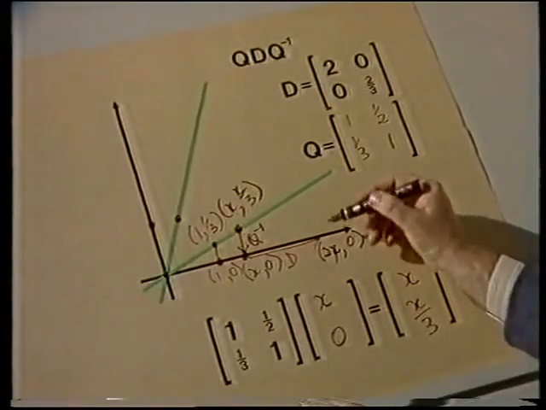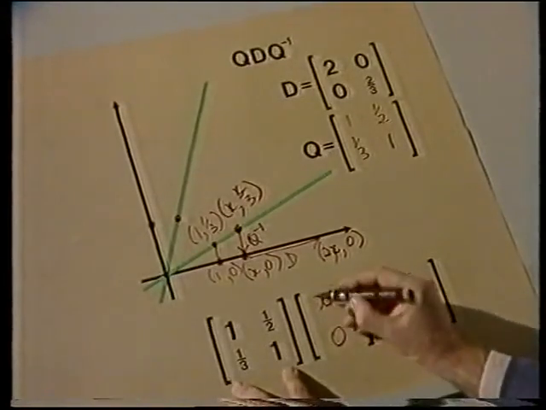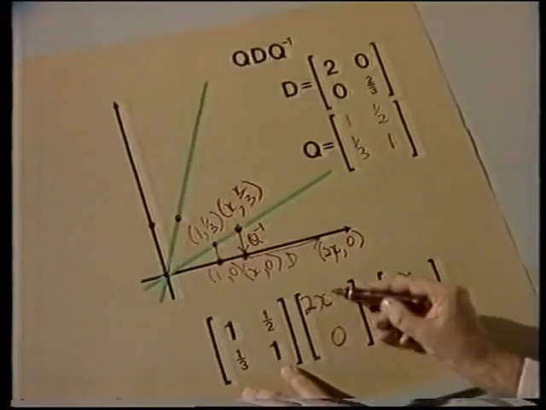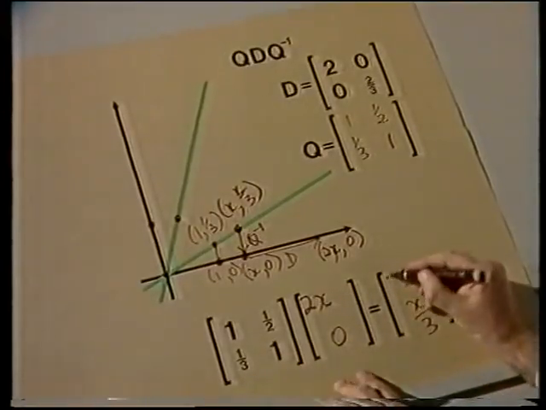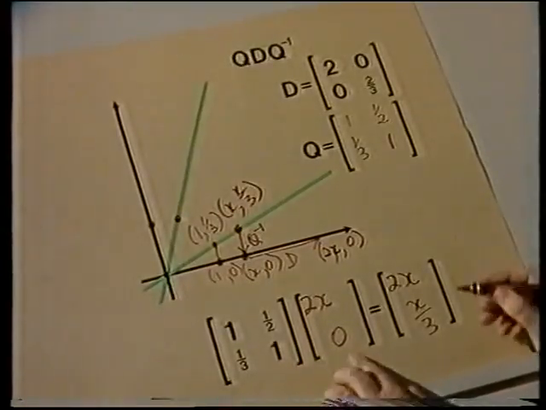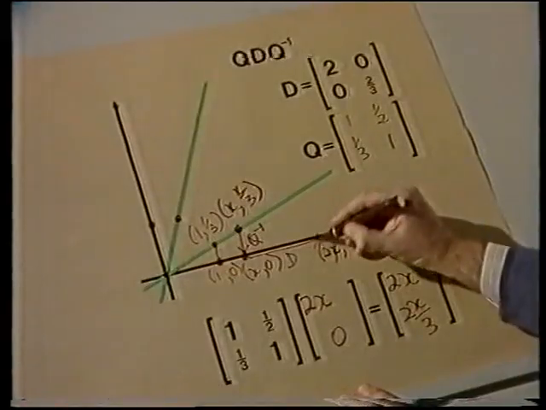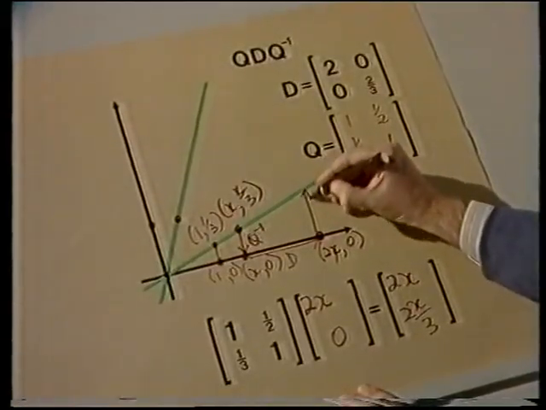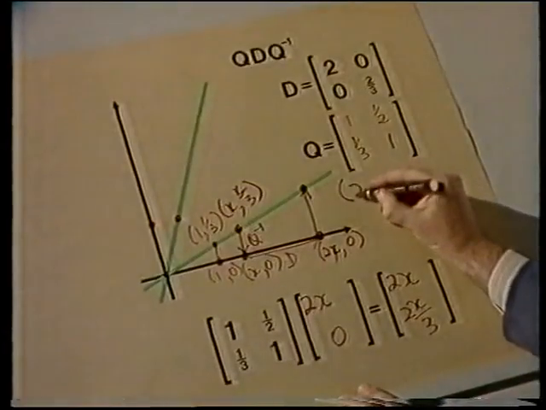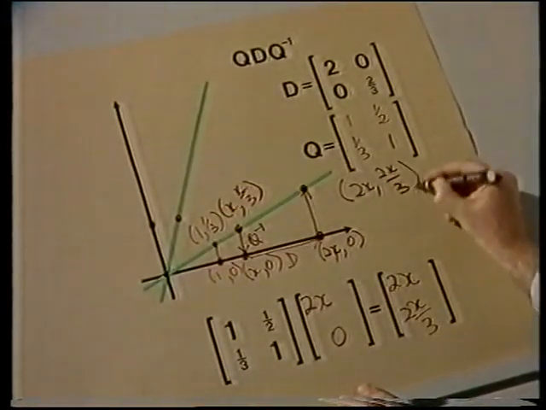Now lastly, we have to transform (2x, 0) by Q. Here's Q, multiply it by (2x, 0). 1 times 2x, a half times 0, gives us 2x. A third times 2x, 1 times 0, gives us 2x over 3. So this point gets transformed up to here, which has coordinates (2x, 2x/3).